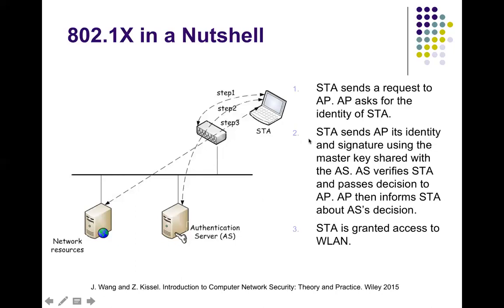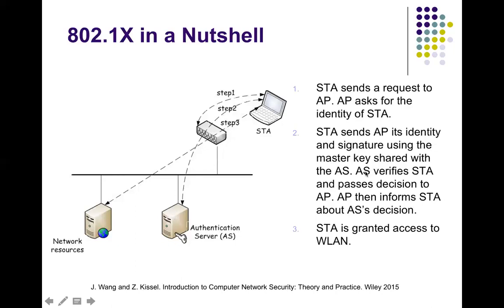So that means STA wants to join by sending in a request to AP. AP then asks for the user's name and password, but AP is not doing the authentication. Instead, AP forwards the user's name and the password to AS.